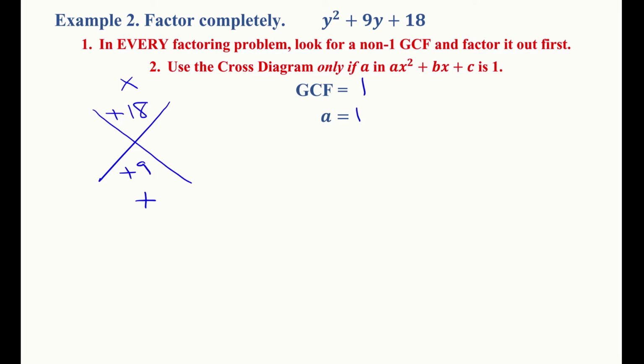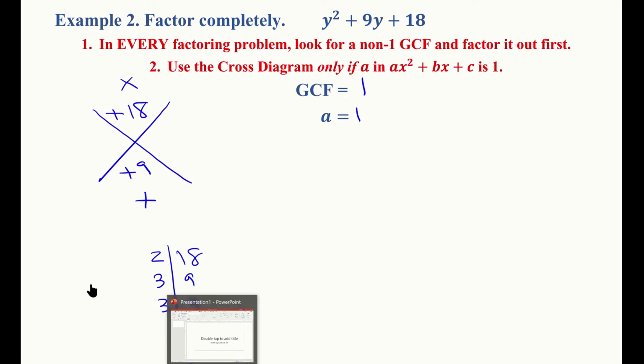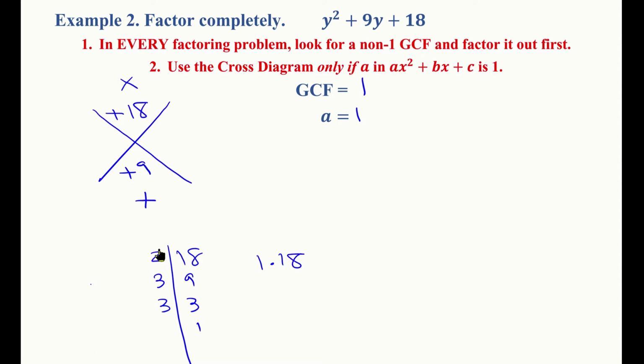So we notice here that if we break down 18, we get 2, 9, 3, 3, 3, 1, right? The process of prime factorization. So you can see some of the factorizations of 18. For example, of course, there's the trivial factorization, 1 times 18. Then we have 2 times the rest, which is 2 times 9.